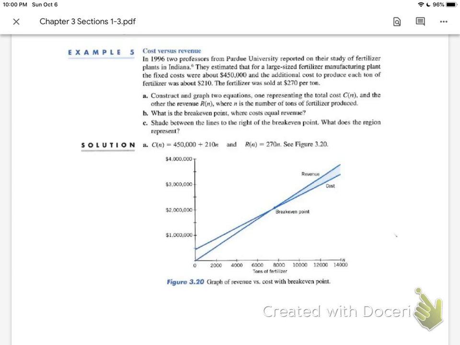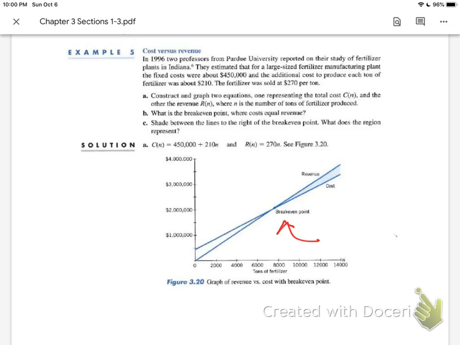Okay, this example is worth reading through, and the solution as well, because it introduces an economic situation once again. So you have cost versus revenue, and the break-even point is where cost and revenue are equal, and that's right here. So what we have is a system of equations, and you're looking for the point where your x equals y, and in this situation your x is your tons of fertilizer and your y is your cost.